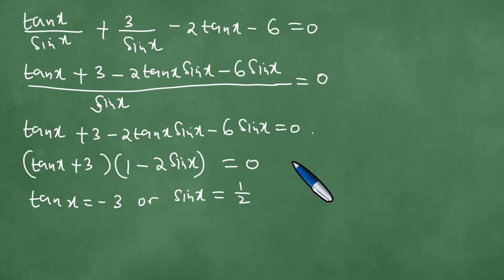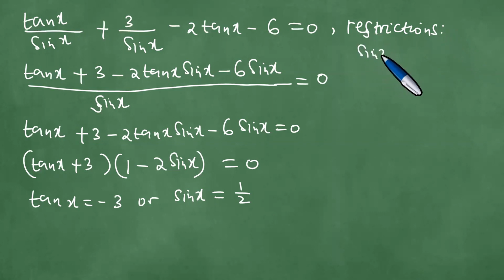But as we are solving this, something very important is the notion of what we call the restrictions. What are the restrictions? The sine of x cannot be 0, because if it's 0, then we have division by 0. Also, tan x has cosine x in the denominator, which means the cosine should also not be 0.